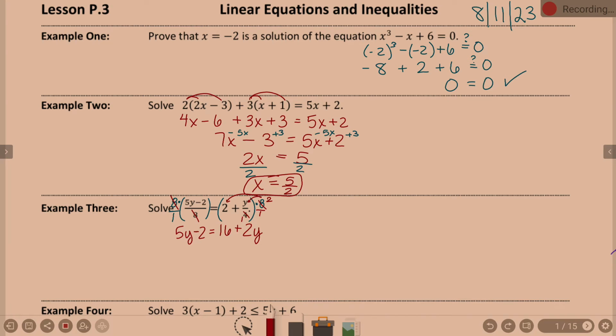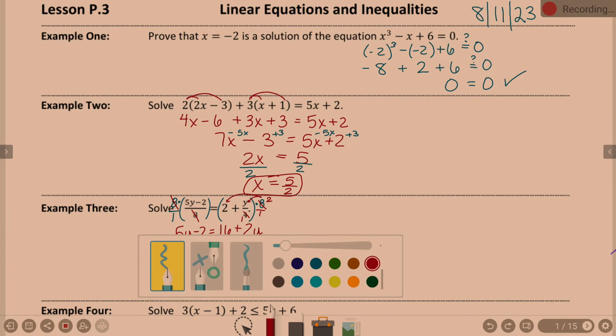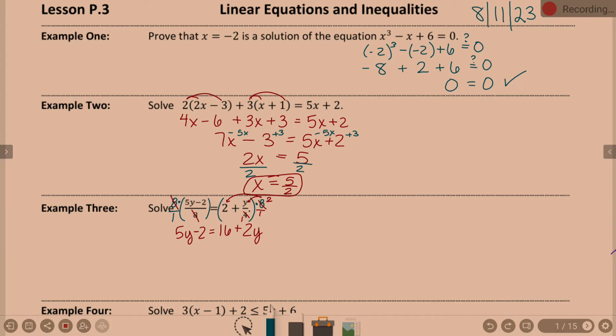This stuff rings a bell, right? Maybe it's not coming to you instantly to tell me what to do, but when I review it, it's getting there. Okay. And how do I solve? You subtract 2y from 5y and you add 2 to 16. I would agree with that. If we try to move the y's to the left, we're going to subtract 2y. When we try to move the 2 to the right, we're going to add 2.